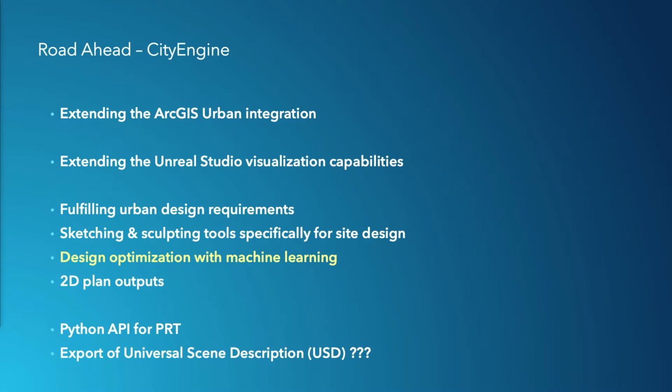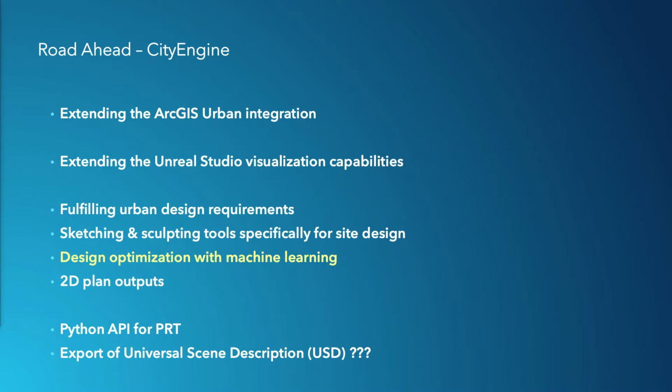And before I go, a few things we are looking at in the future. Of course, as Lisa mentioned, the ArcGIS Urban integration, more Unreal support, more urban design features. We're also currently looking into a Python API for PRT directly. That could be very interesting to rapidly prototype applications.